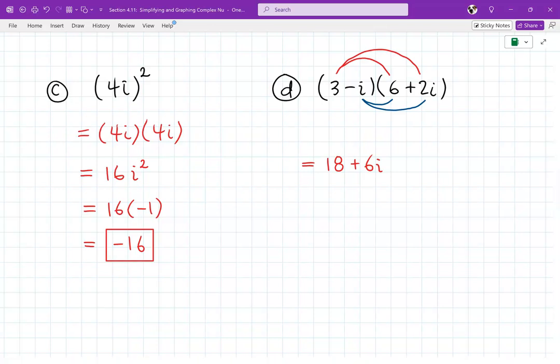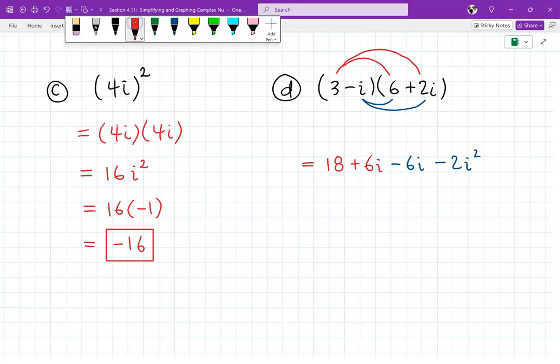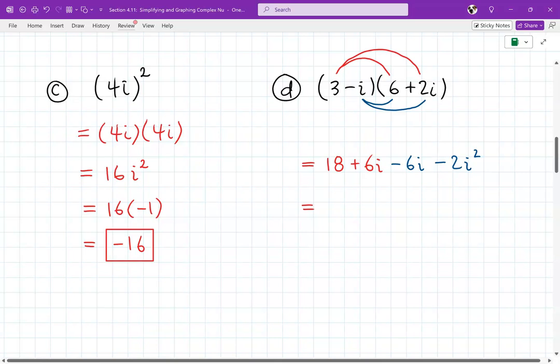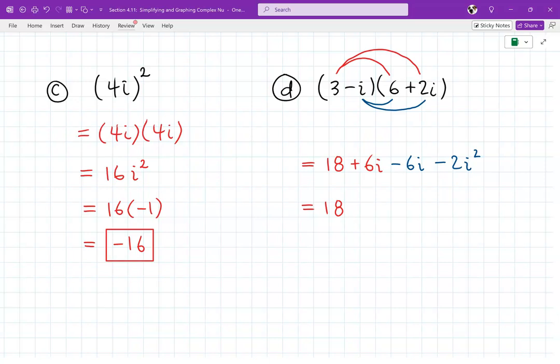So negative i times 6, that's negative 6i. Okay? And then negative i times 2i, that's negative 2i squared. All right, well, the 18, I'm just going to rewrite it. What's 6i minus 6i? That's 0, right?